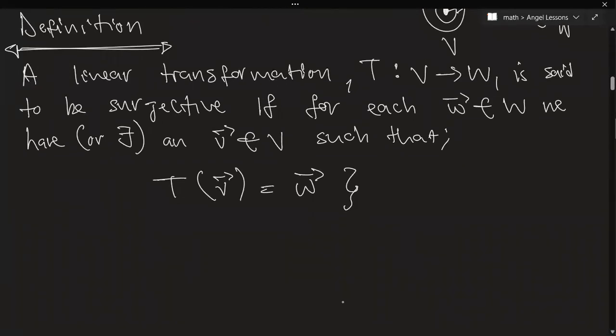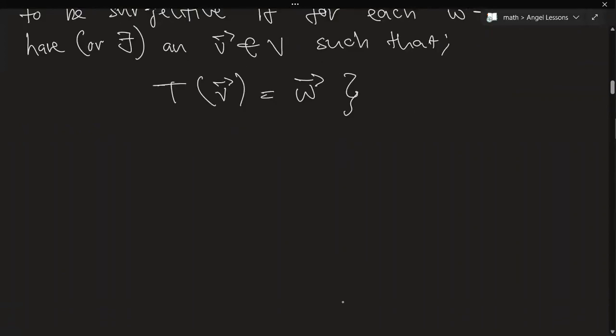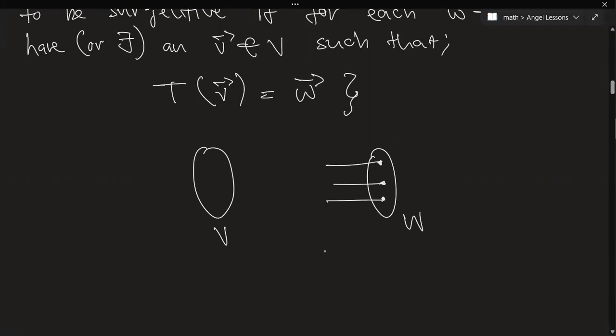So what does it mean? Same illustration again. Suppose I have my two vector spaces V and W. Now my focus is here, not here. Suppose I look at each element that is in W. If I can see an arrow that is associated to each and every element in W, then T is called a surjection.